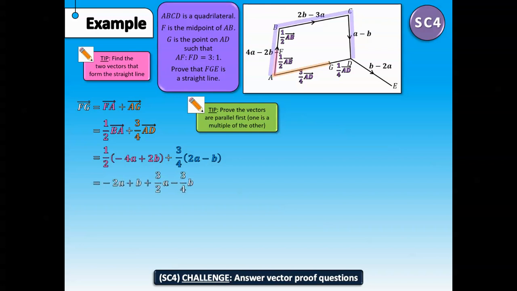We then expand the brackets and then simplify.